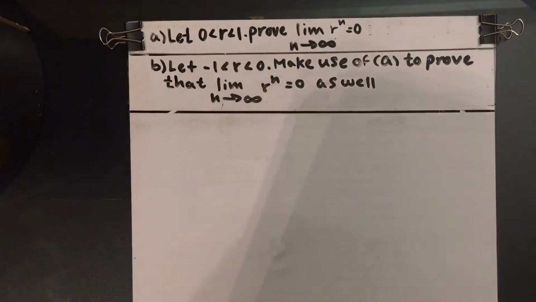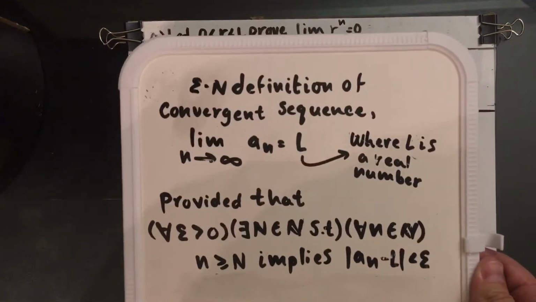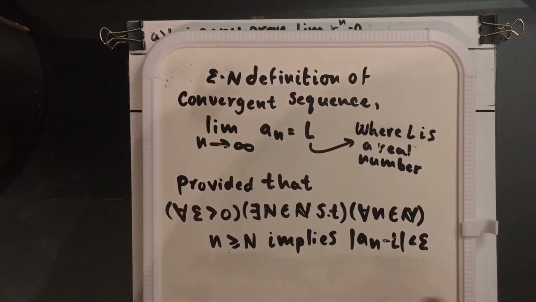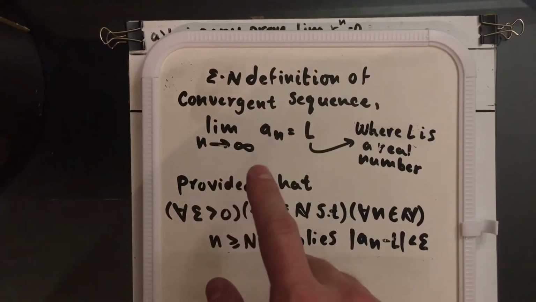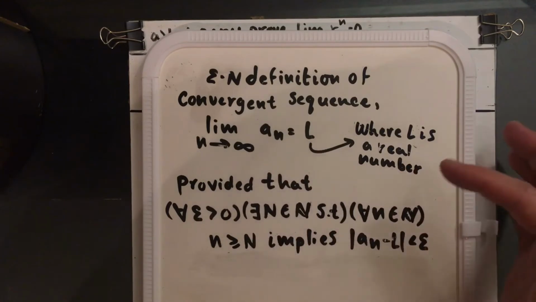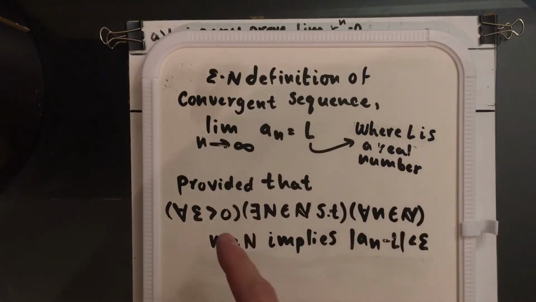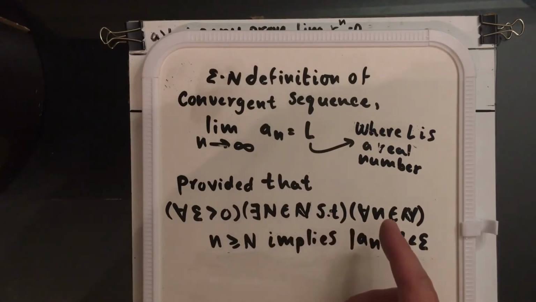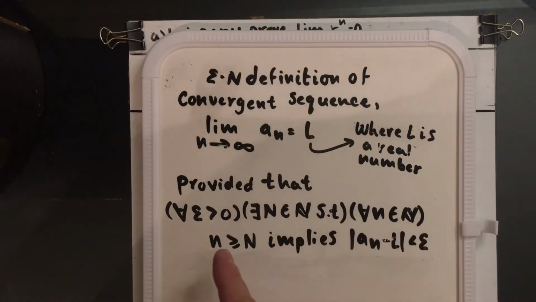Recall the Epsilon-N definition of a convergent sequence, which states that the limit as n approaches infinity of a sequence a sub n is equal to L, where L is a real number, provided that for every epsilon greater than 0, there exists a natural number N such that for every little n in the natural numbers, if n is greater than or equal to N, then the distance between the sequence and the limit of the sequence is less than epsilon.